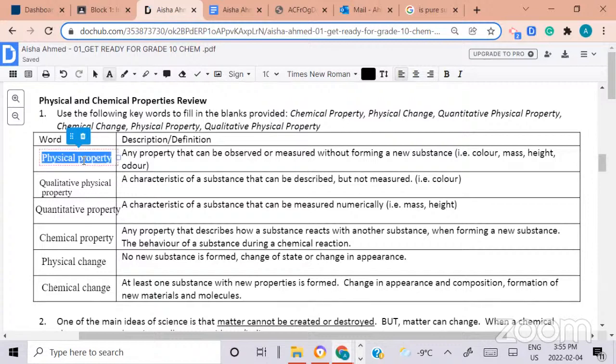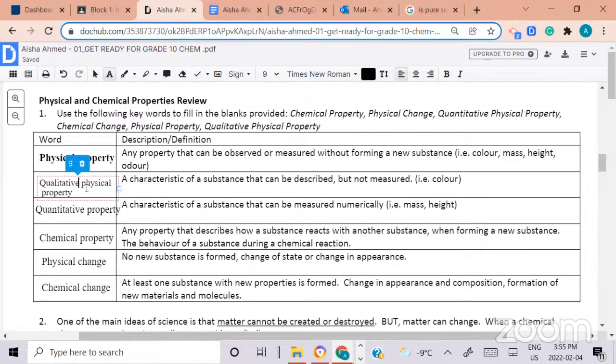The key phrase here is without forming a new substance, because we are not altering the chemical composition in any way when we are observing the color, the mass, the height, the odor. These are all physical things that we can observe, and it's not affecting the chemical composition at all. You just take a ruler, or you just look at a color and you observe it, right?